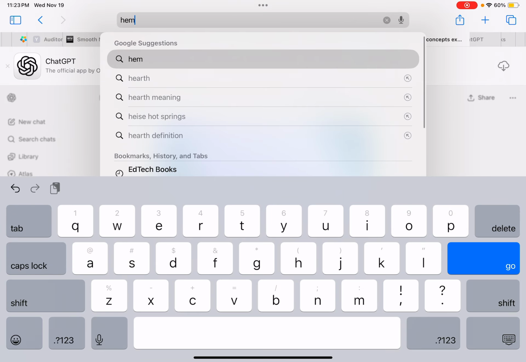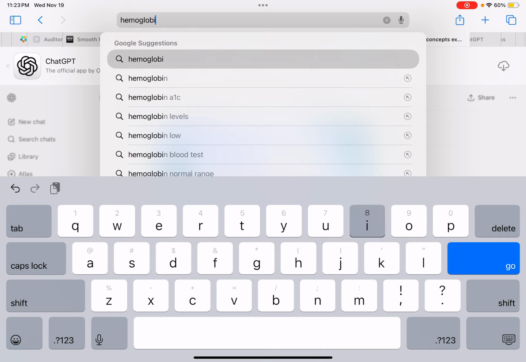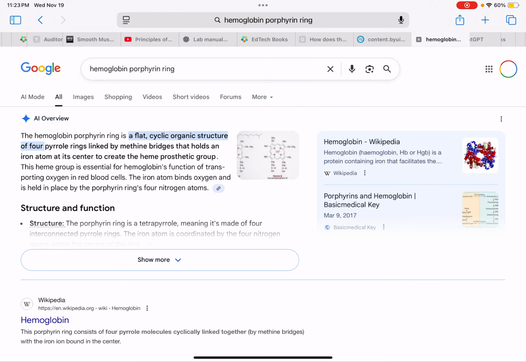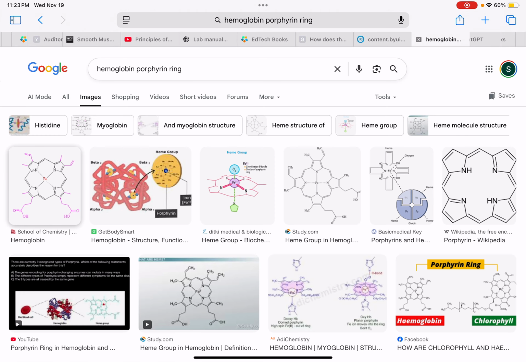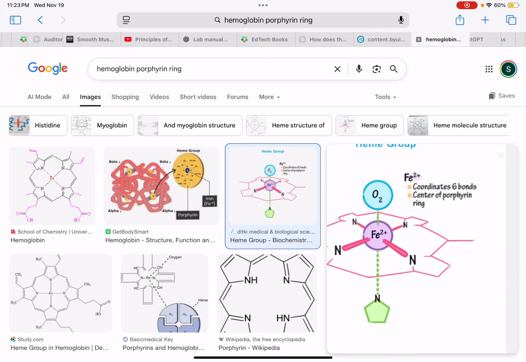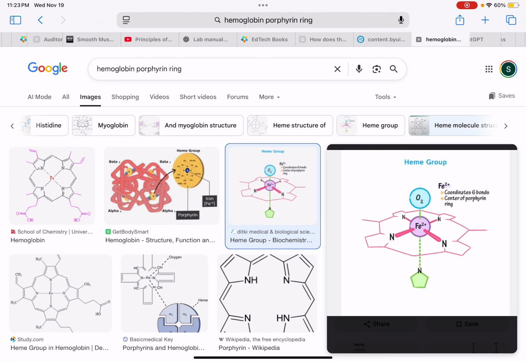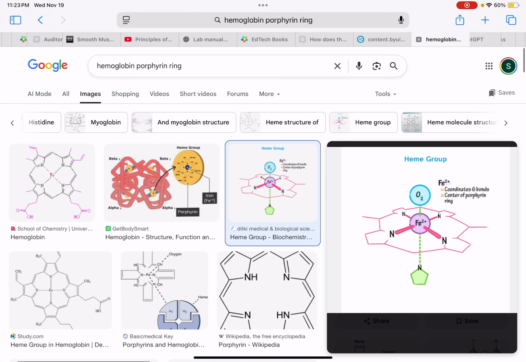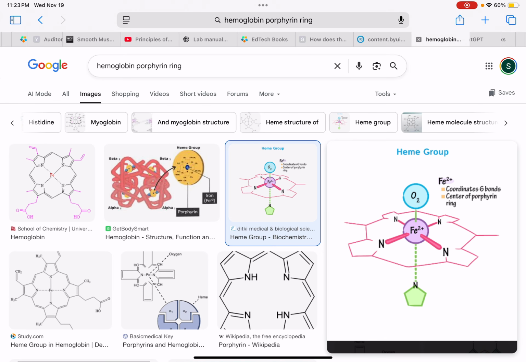So, hemoglobin, porphyrin ring. So, I like this picture. If you see that picture there, hemoglobin has this ring structure around it, right?